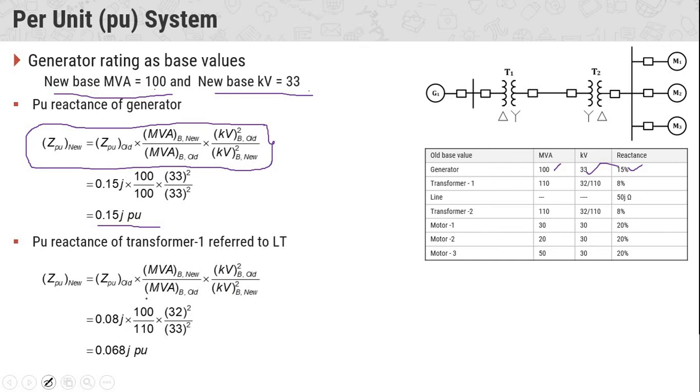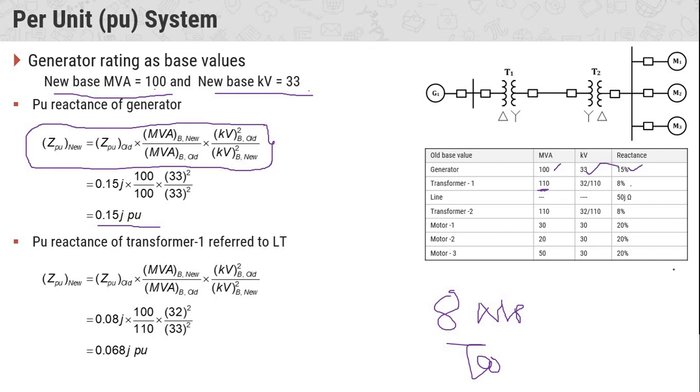For transformer 1, MVA old and kV old are 110 and 32, and the percentage reactance is 8%, so we can write it as 0.08. So 0.08 j into MVA new, which is 100, divided by MVA old, which is given for the transformer as 110.